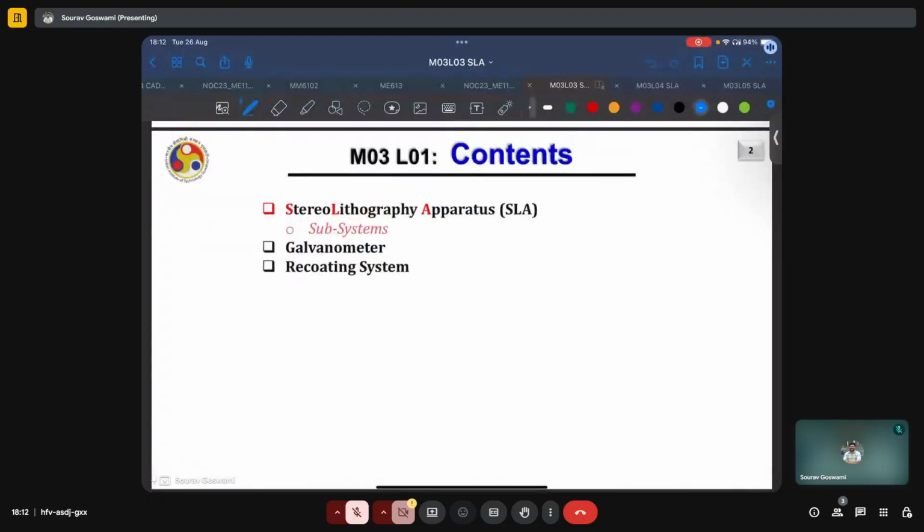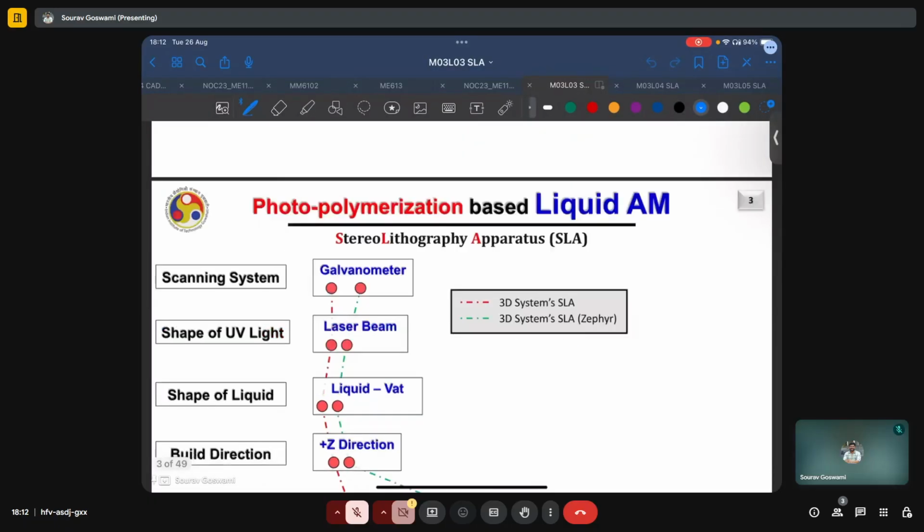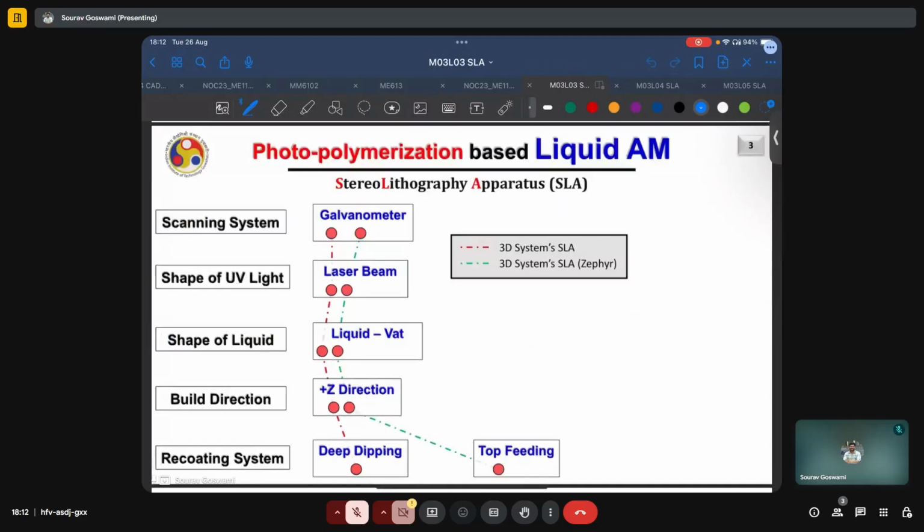So this week we'll be looking at a few of the other subsystems for the SLA process. The first one being the galvanometer or the scanning subsystem, and the second one being the recoating subsystem. As we will recollect, 3D Systems SLA, the first 3D printing technology to commercialize, used a galvanometer as the scanning system, a laser beam as the source of UV light, liquid vat as the shape of feedstock, built in the Z direction, and used a deep dipping recoating system.